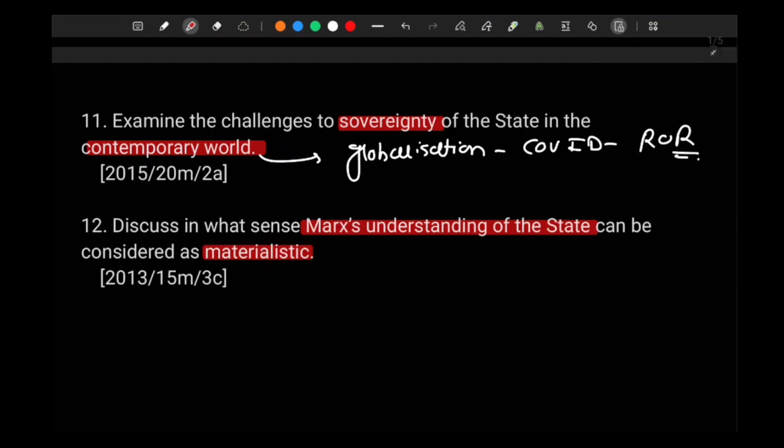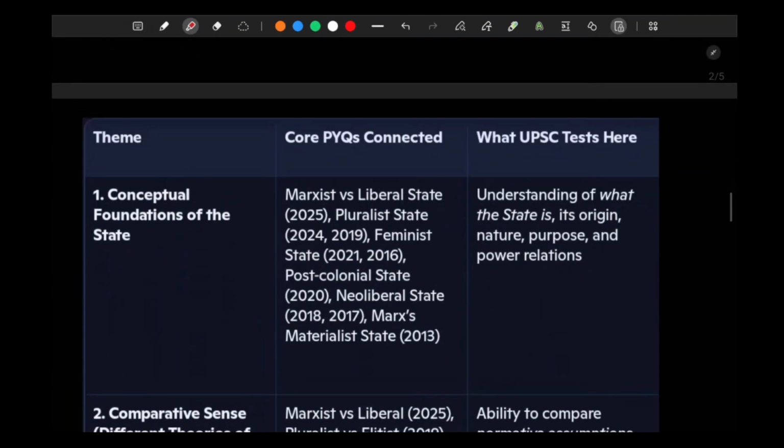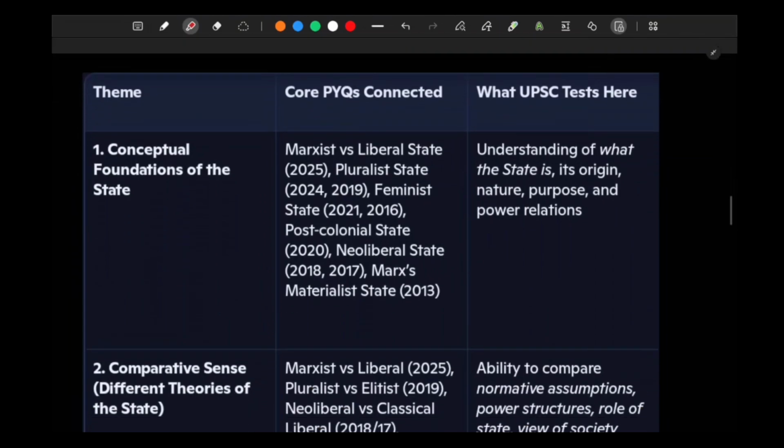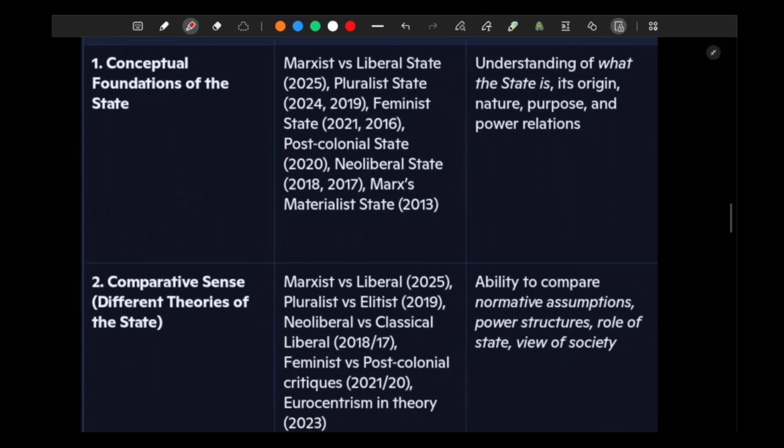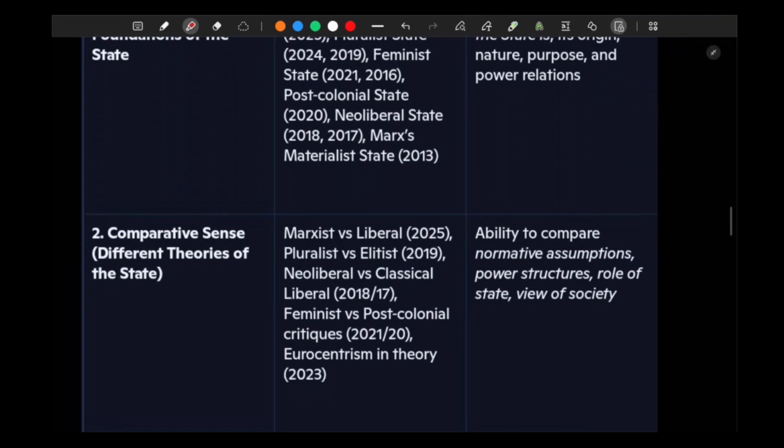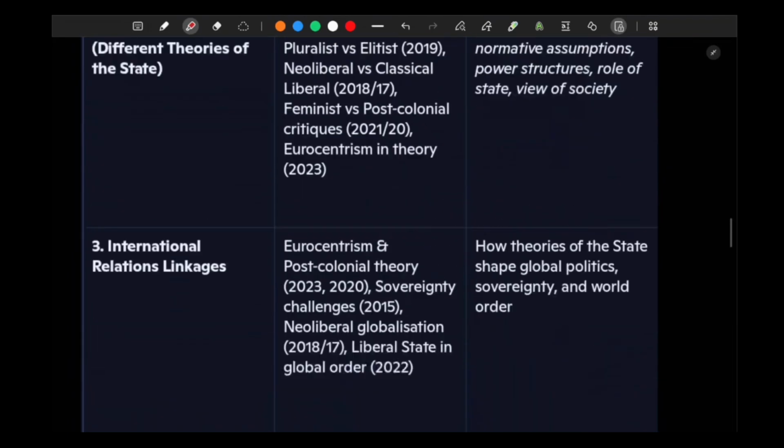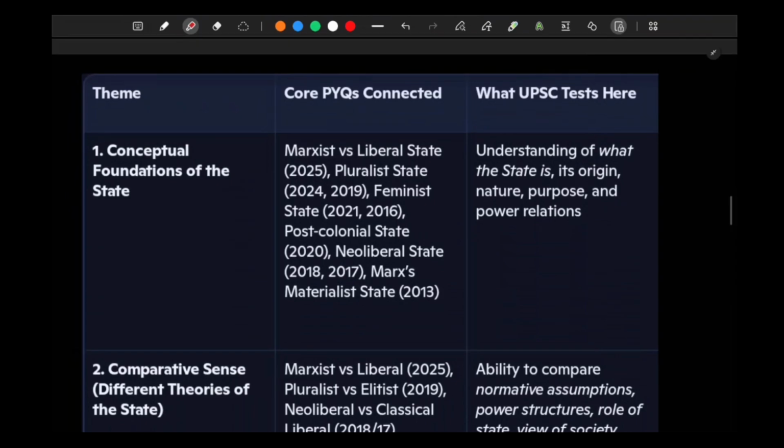Going ahead, I will give you some analysis or some keywords in four dimensions: conceptual, comparative, international relations, and contemporary politics. UPSC usually asks questions in these four themes. Concept, comparison, contemporary relevance, and international relations.